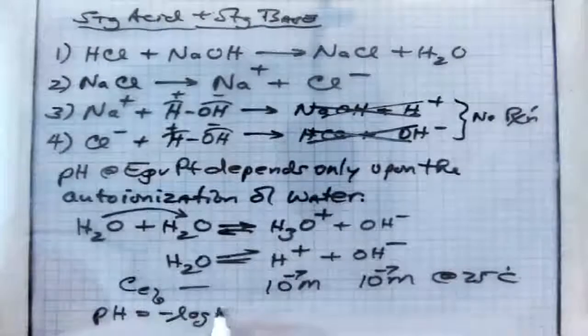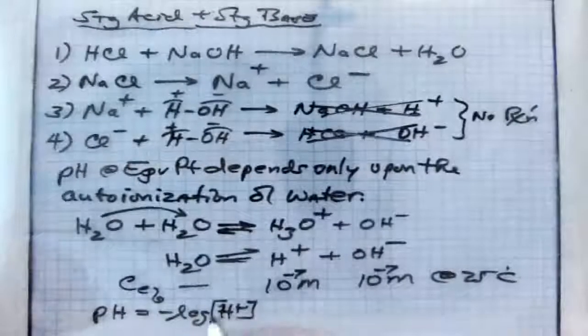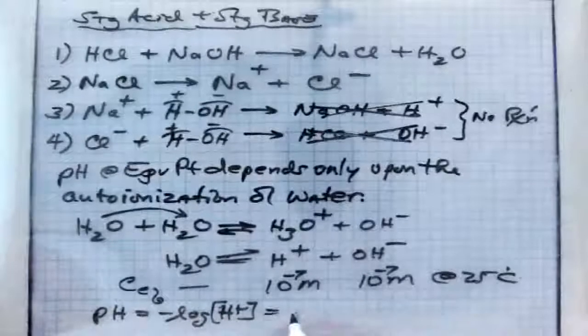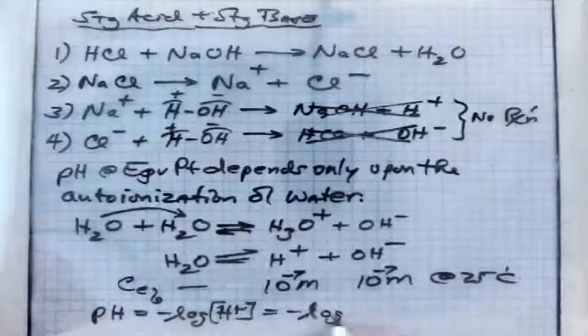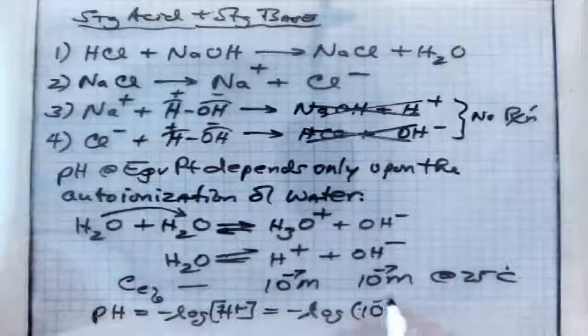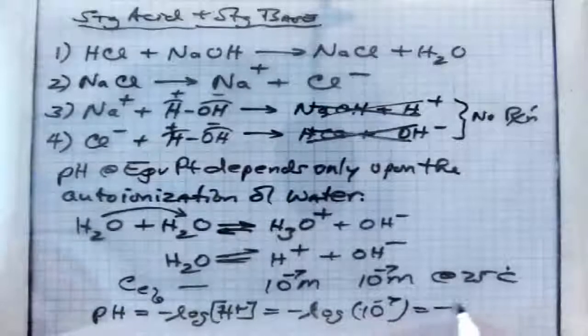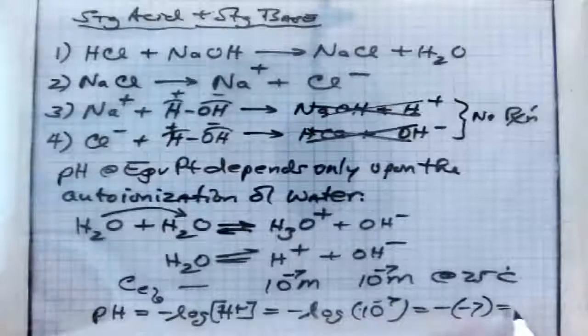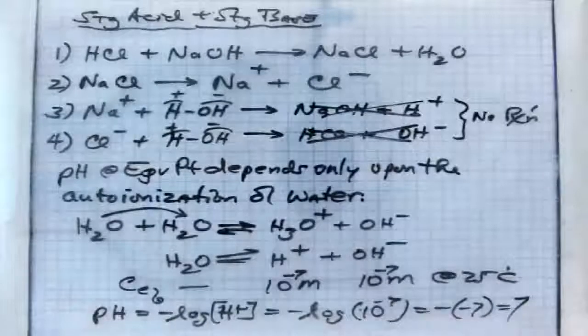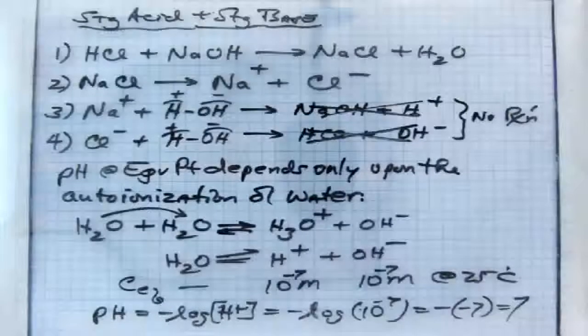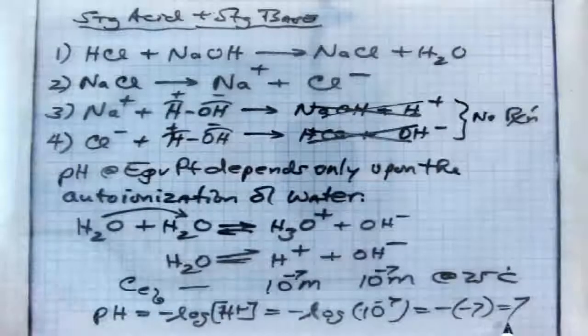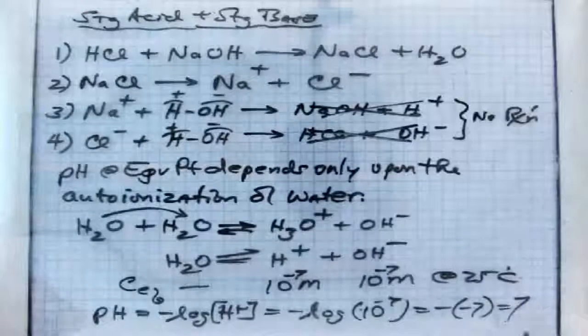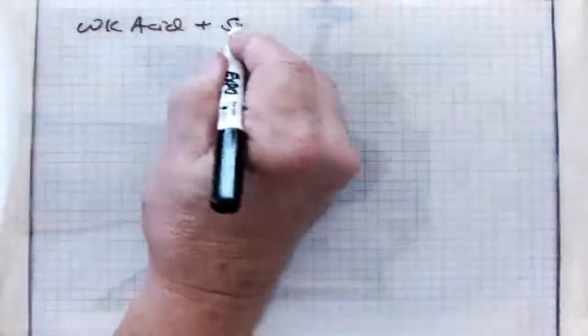For a weak acid plus strong base titration, we use acetic acid in reaction 1, that'd be HOAc plus sodium hydroxide going to sodium acetate plus water.